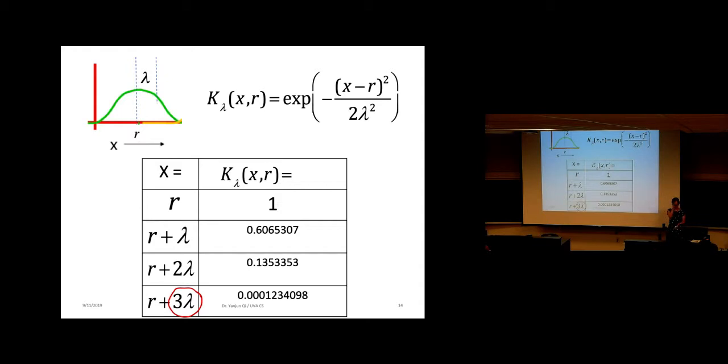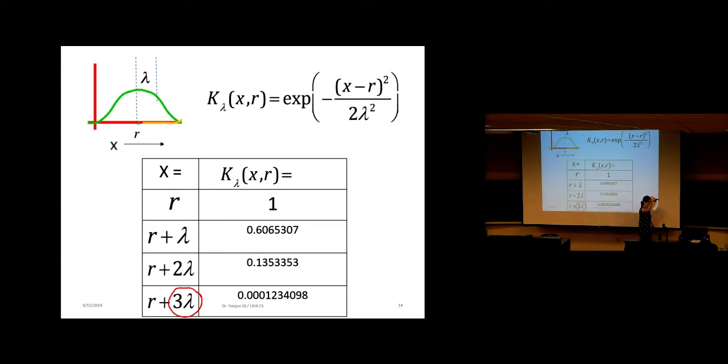So my current position gives me the number 1. If I'm going left by a lambda, that's R minus lambda, or going right by a lambda, that's R plus lambda, this gives me 0.6. I'm going one more, 2 lambda, I think 0.1 something. And then going 3 lambda gives me 0.